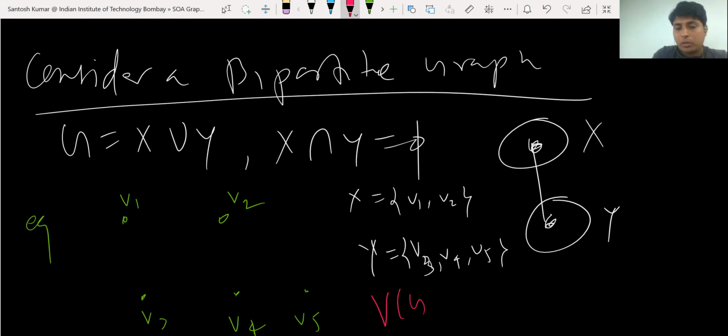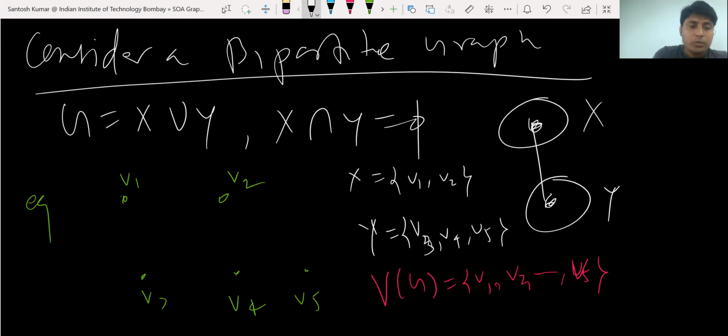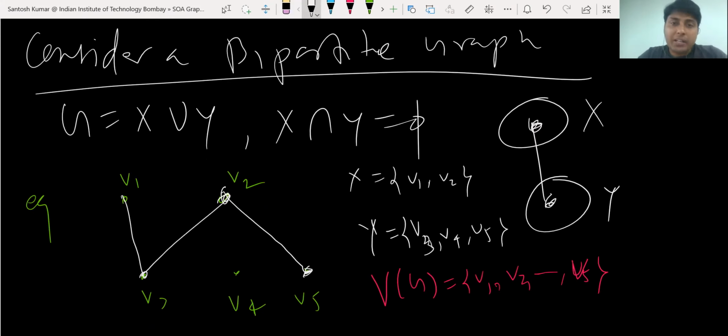So the vertex set of graph G is V1, V2, and up to V5. Now what do we have? V1 to V3, V2 to V3, V1 to V5, V2 to V5. So we are just making a bipartite graph. Every edge will have one end in X and the other end in Y. Okay? So this will make this. Now this is a bipartite graph.